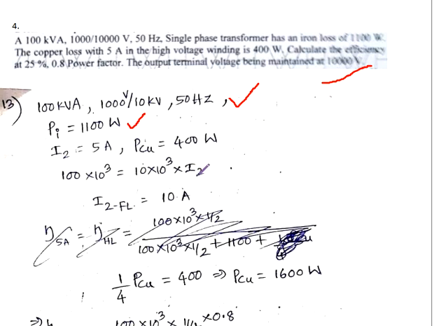So this I2 will be full load when we consider kVA as the rated kVA, which is 100 kVA. Rated kVA is equal to V2 into I2. V2 is given as 10 kV, and this I2 is nothing but I2FL because it is the rated kVA, which we get as 10 amperes.